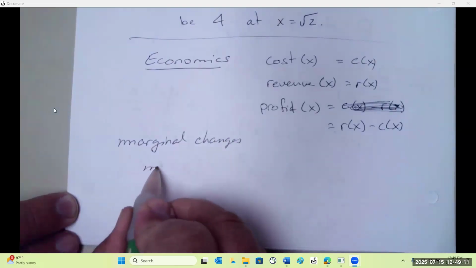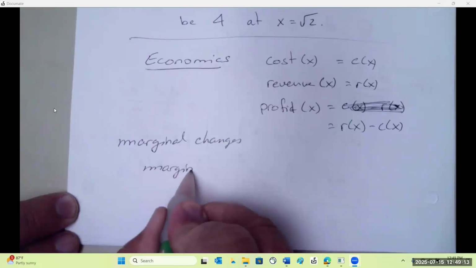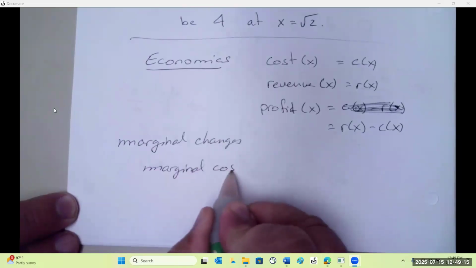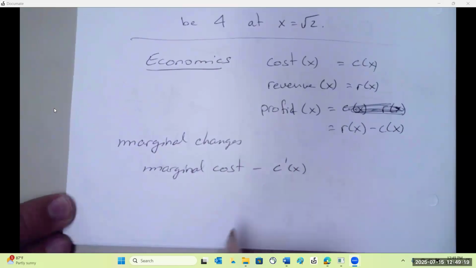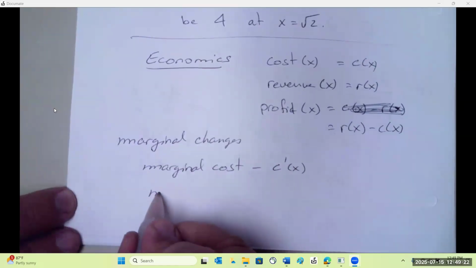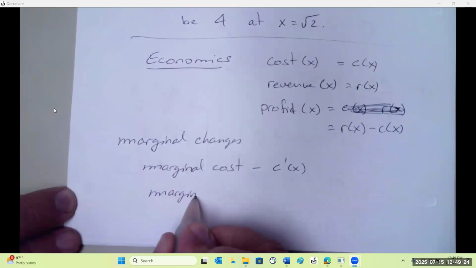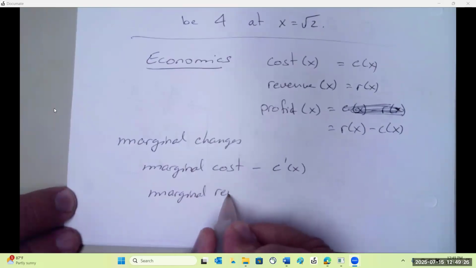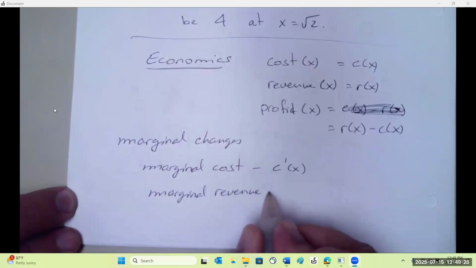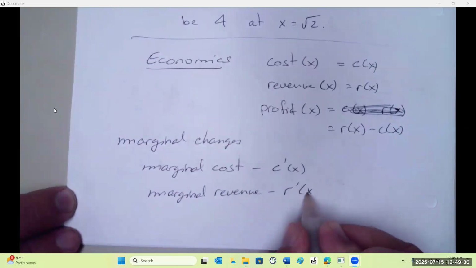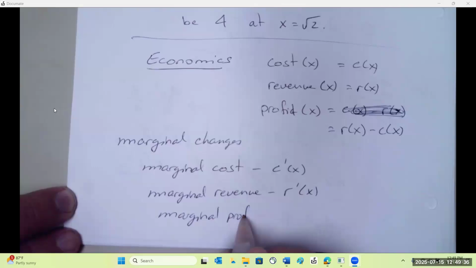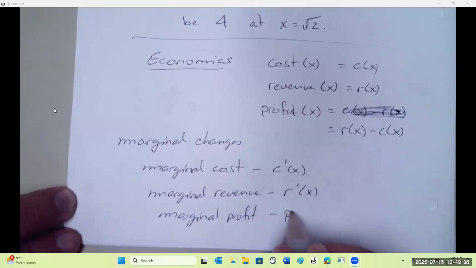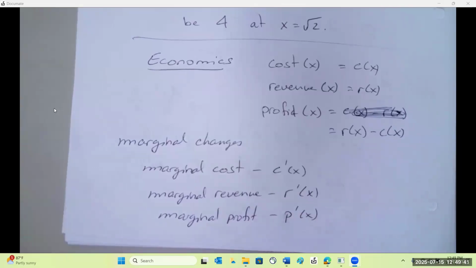So we have marginal cost, which is the first derivative of your cost function. Marginal revenue is the first derivative of your revenue. And marginal profit is the first derivative of your profit function.